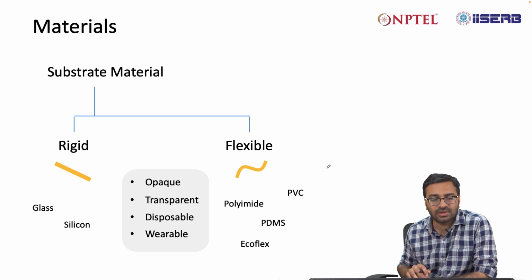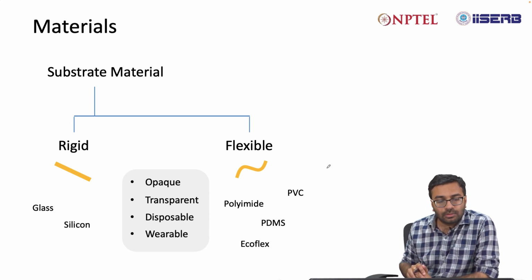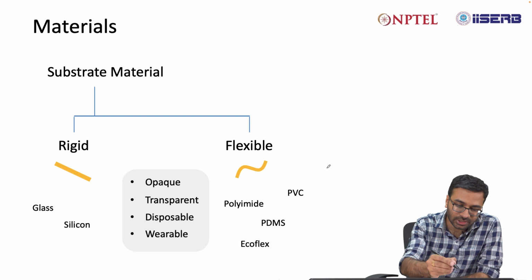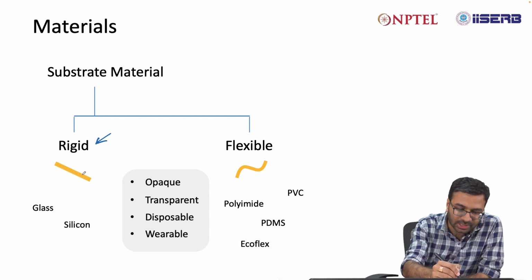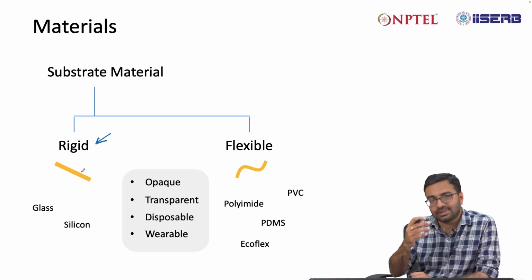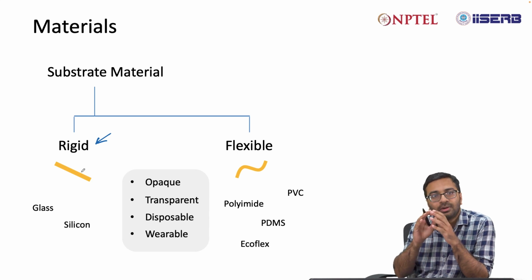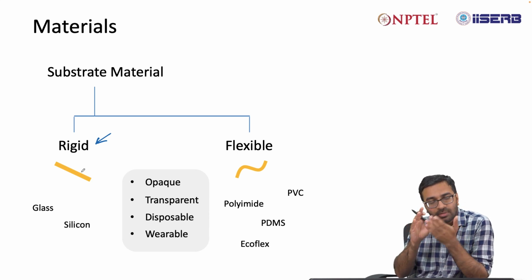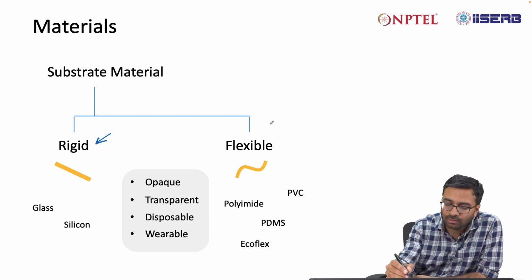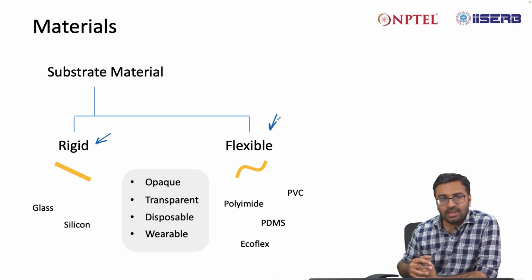Let's discuss first the substrate material. Broadly speaking, the substrate material can be divided into two different parts. One is rigid substrate, where your substrate is very firm and rigid, that is you can't bend it. And the other one is flexible substrate.